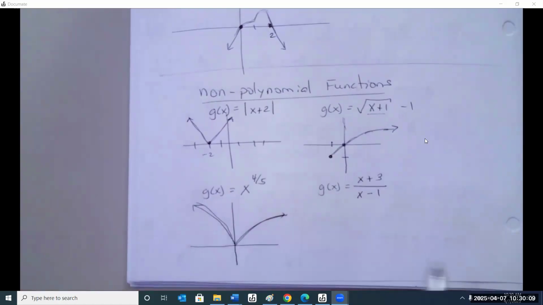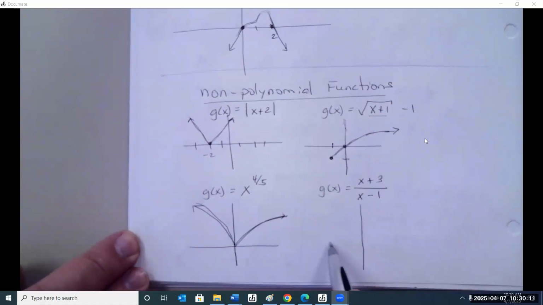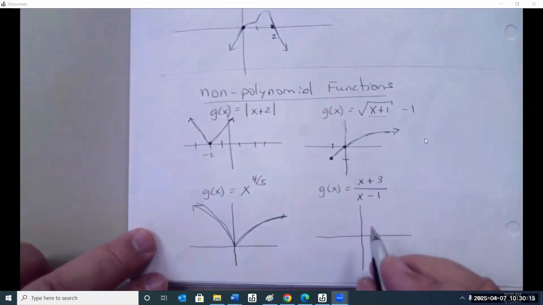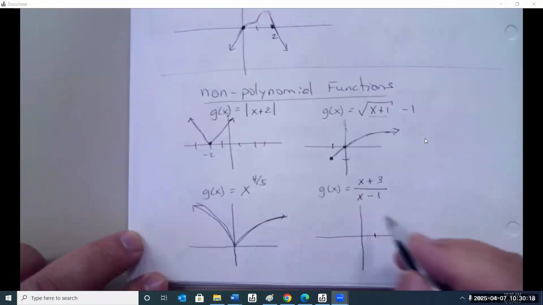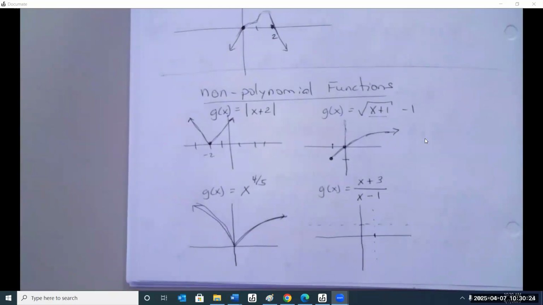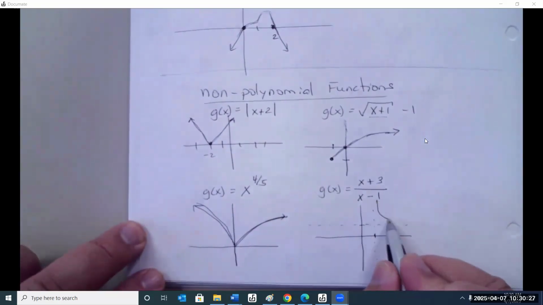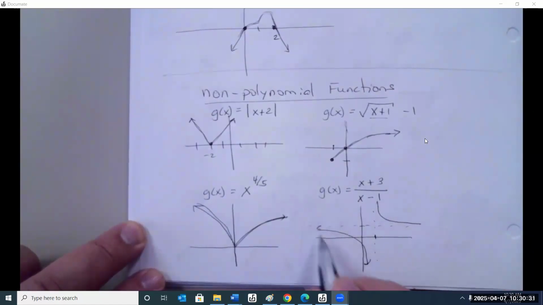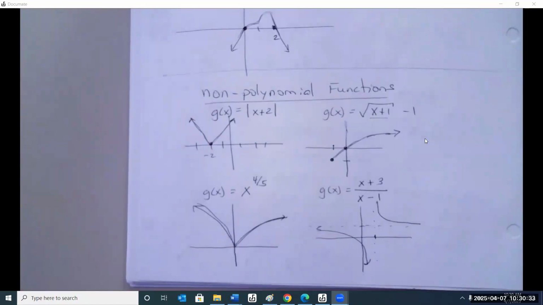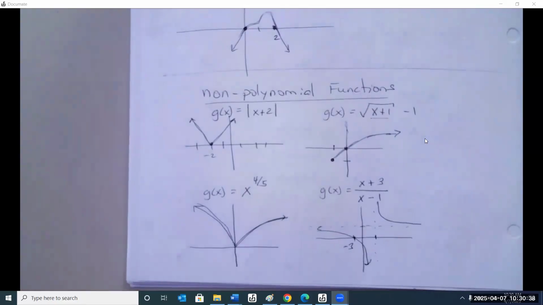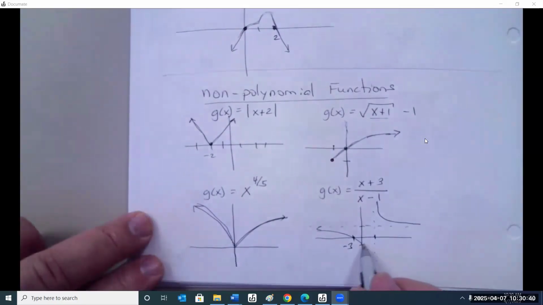And the last one has a vertical asymptote at 1, horizontal asymptote at 1. So the graph looks like this. That's -3. And that's -3.